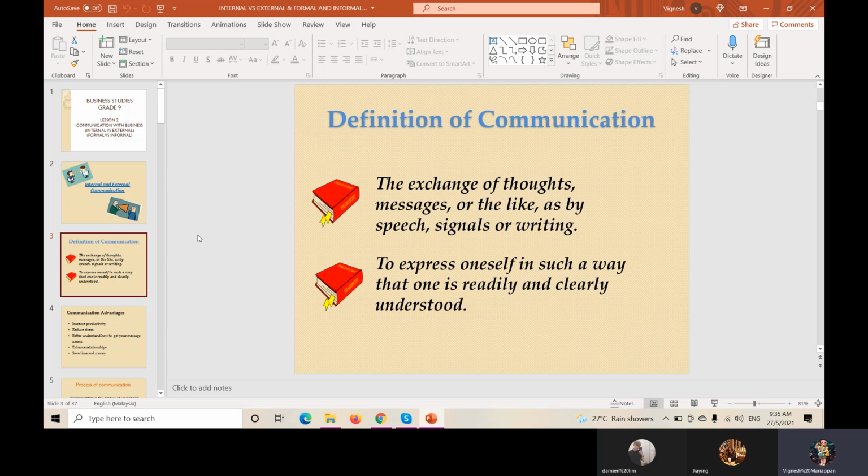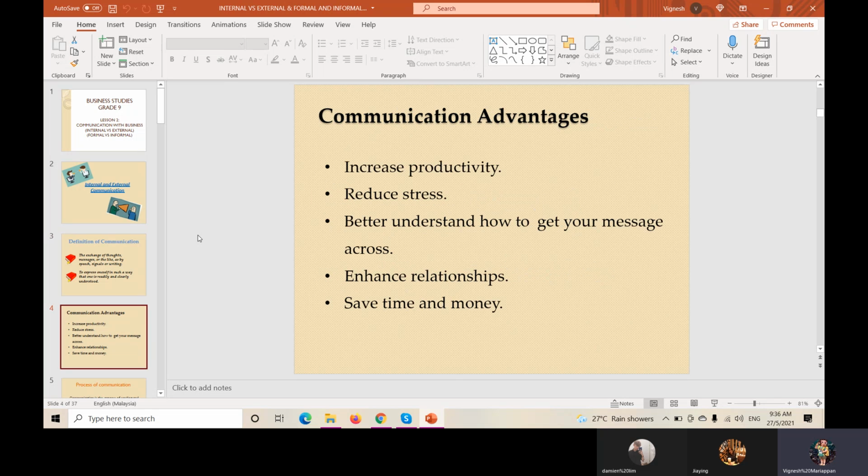As we all know, communication is exchanging information with each other, either in speech, signals or writing, email, telephone or any communication media you want to use, as long as you exchange your message and thoughts. We already learned what is meant by communication. The communication advantages mean the importance, the good things in communication.